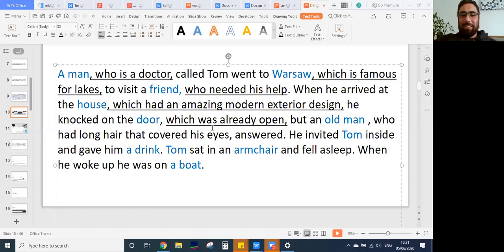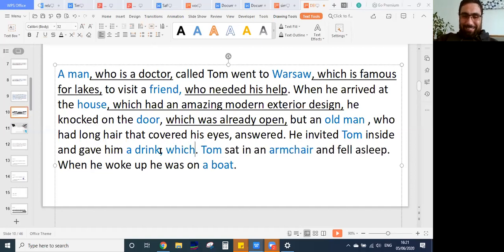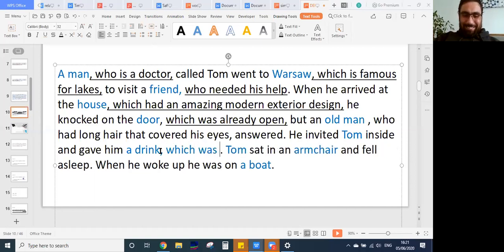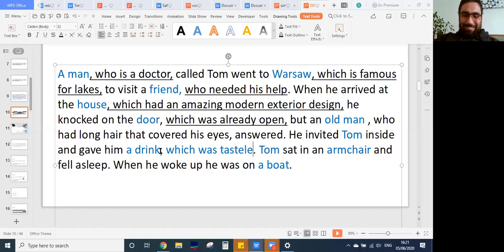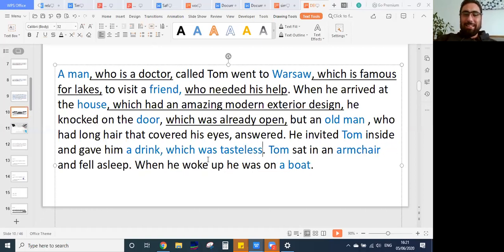I like the tasteless thing though. Anyway, I'm going for the tasteless one. Which was tasteless. Wow. Okay. I'm going to underline that.